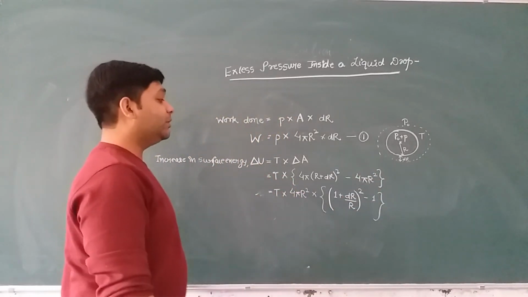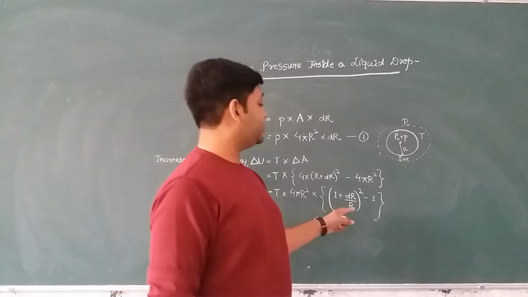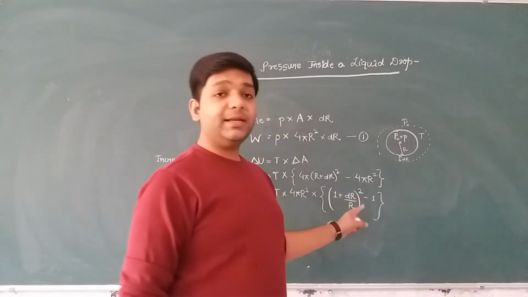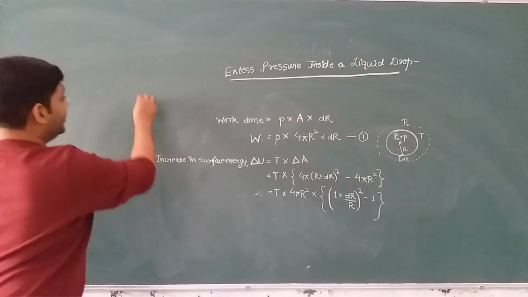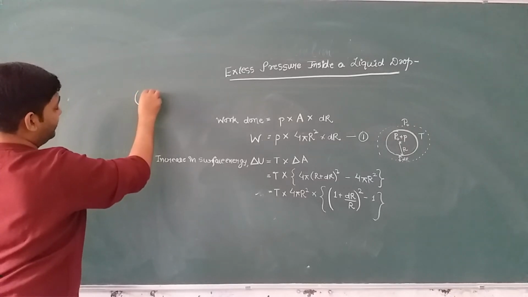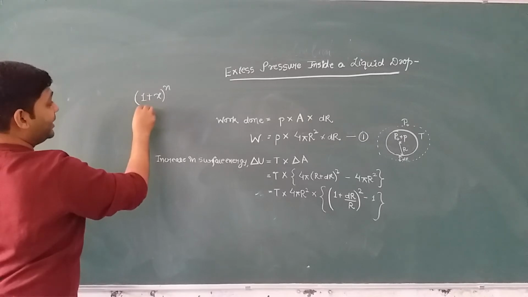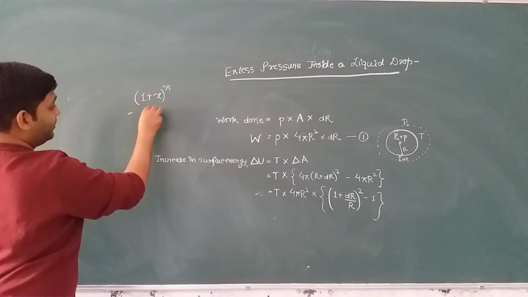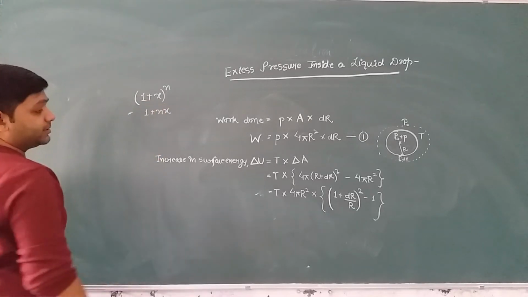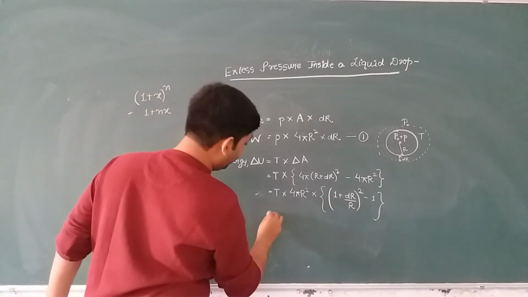Now using the concept of binomial expansion, we know that dr upon r is a very small quantity. We know that (1 plus x) to the power n, if x is very small, can be written as 1 plus n into x. So the same thing we will be using here.